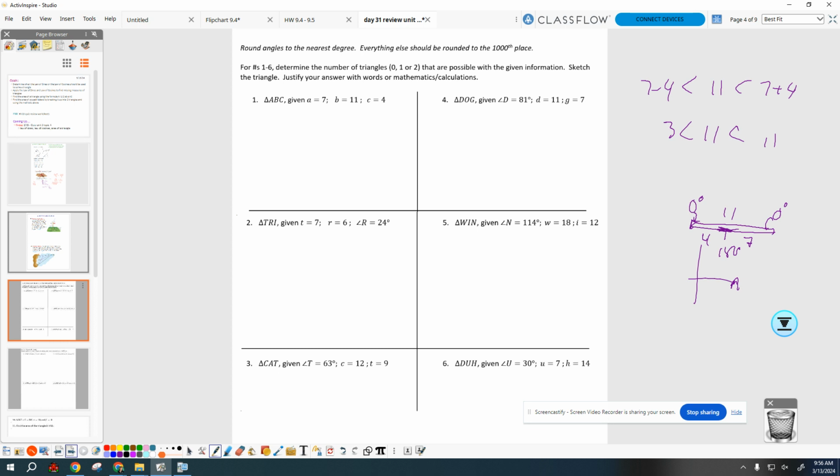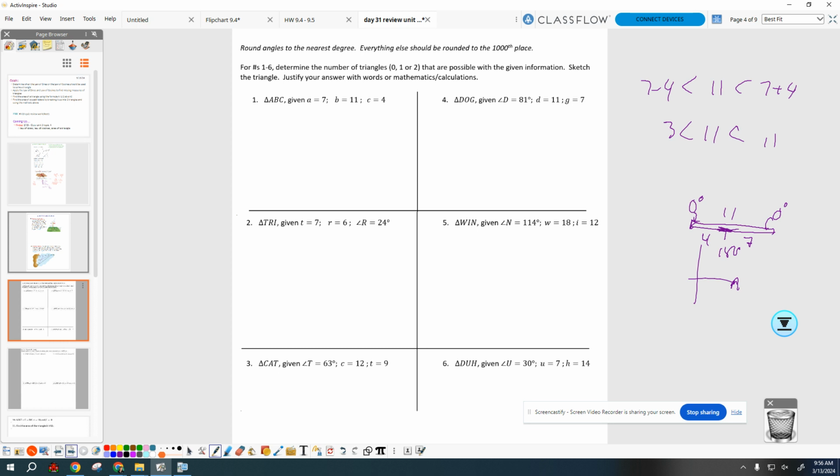If you did what you did anyway, sine 63 is a real number. Sine 63 times 12, divided by 3. Then you do sine inverse to get the angle, and that is real.